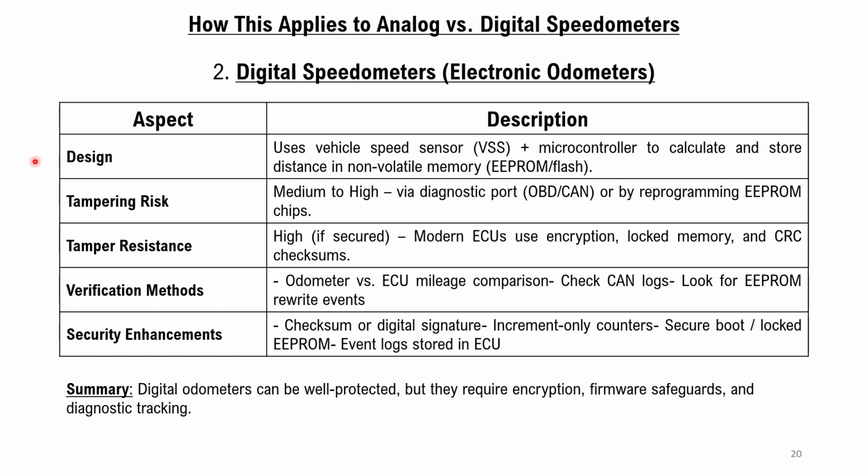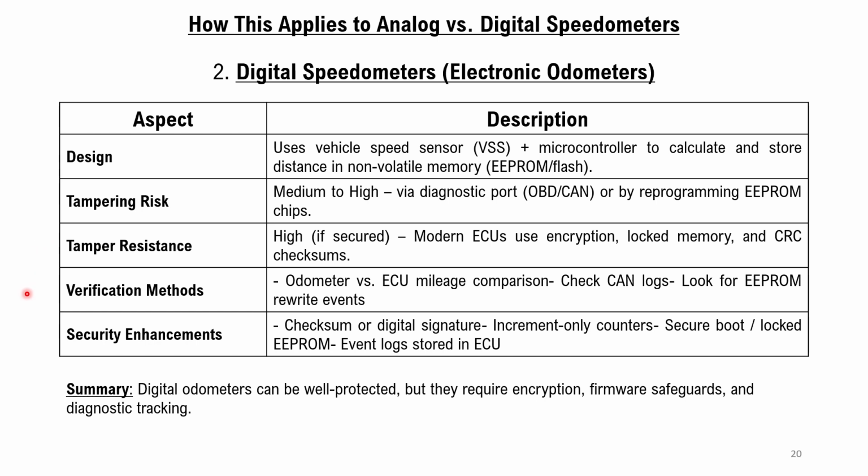Its tampering risk is medium to high via diagnostic ports or by reprogramming EEPROM chips. Tamper resistance is high if secured. Modern engine control units use encryption, locked memory, and CRC checksums.